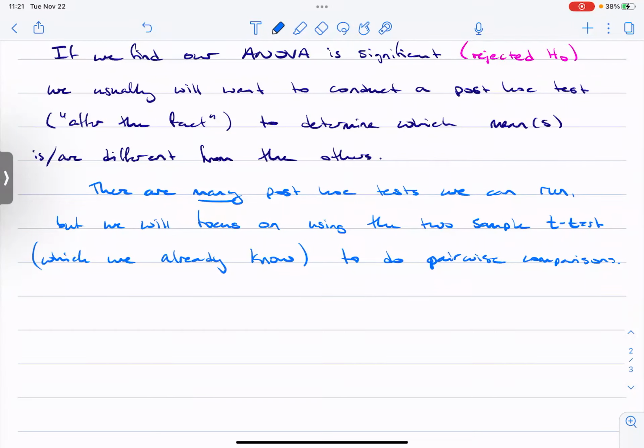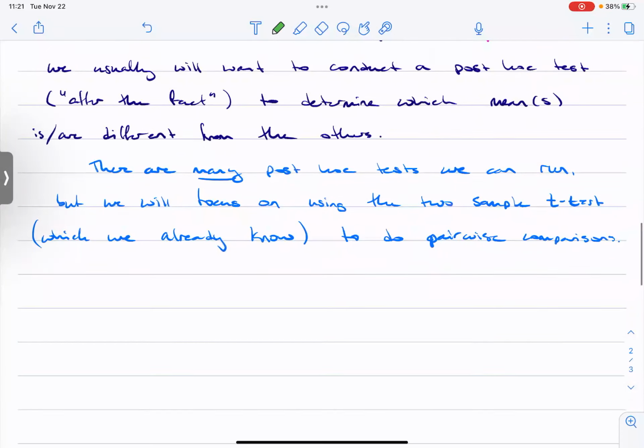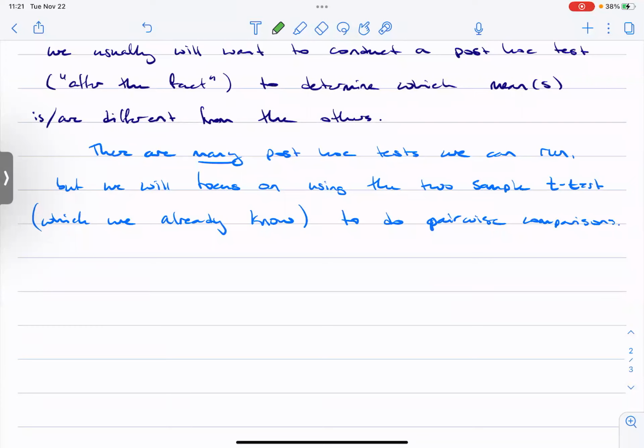There are 2 adjustments that we make in your t calculation. We use a pooled standard deviation to calculate the standard error, and the reason I'm glossing over it so quickly is because it's not on your assignment, which means it's not on your quiz, which means it's not on your final. So it's really just something you need to know if you were going to do this.